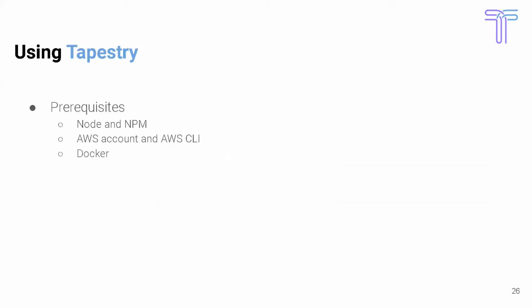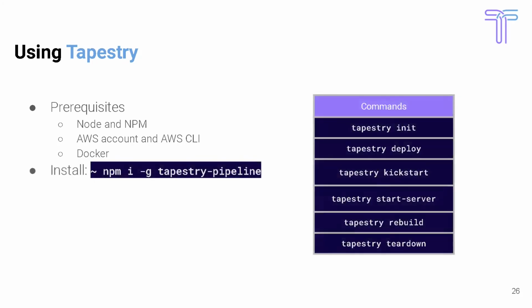Finally, users will also need to have a Docker account and have it installed on their machines. After these preliminary steps, all you need to do is run npm install tapestry-pipeline with a global flag, and a host of commands will be provided to you.